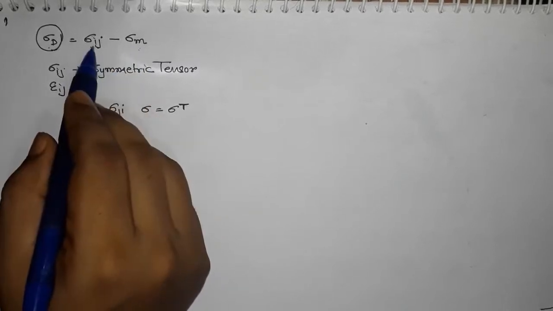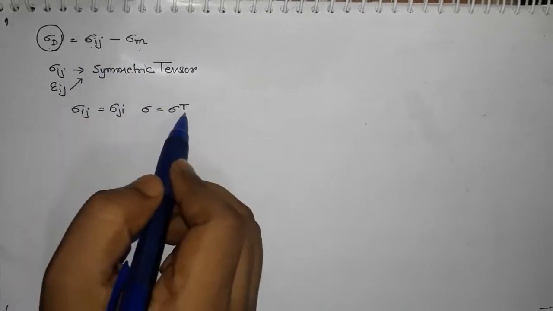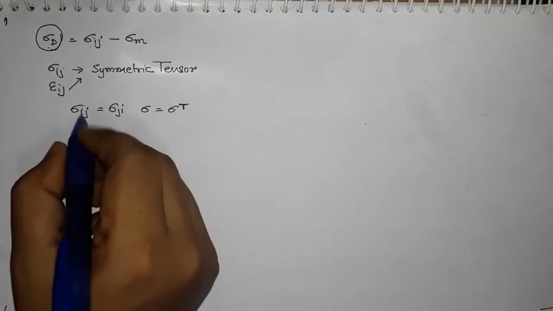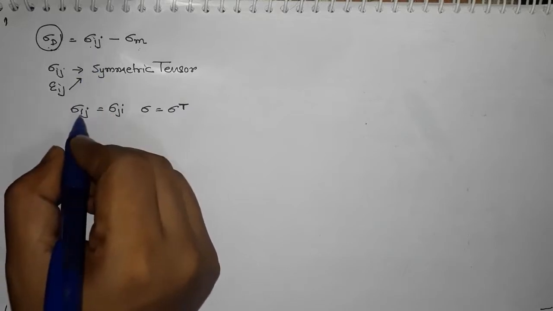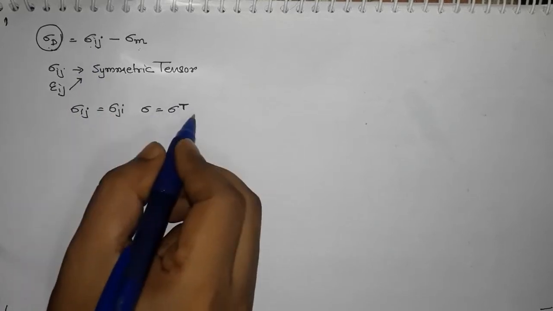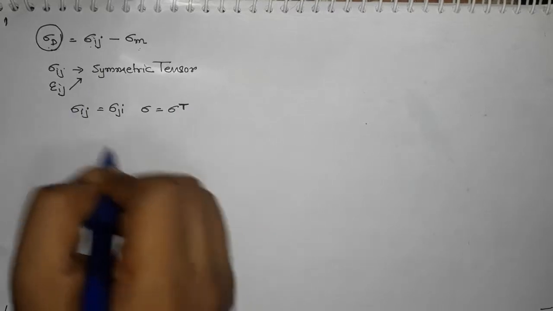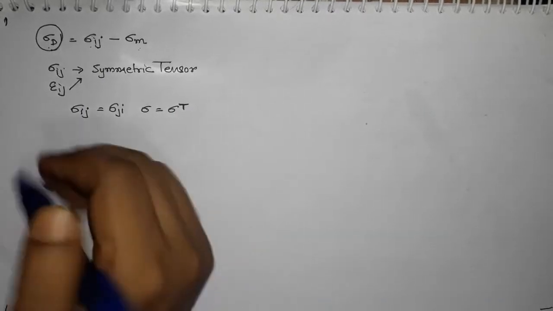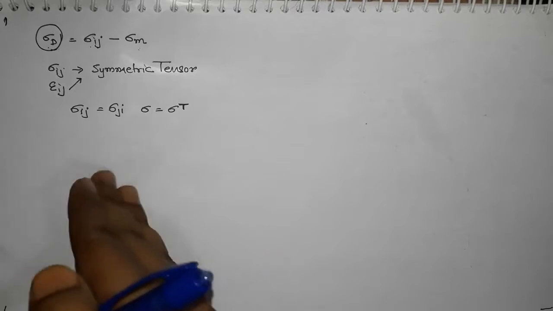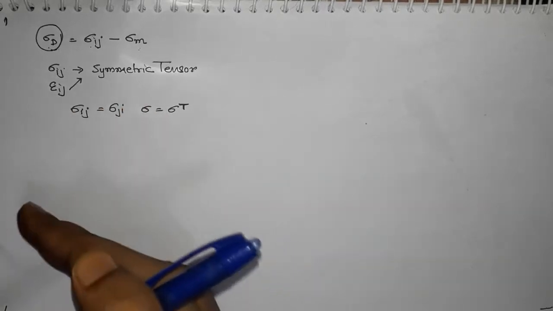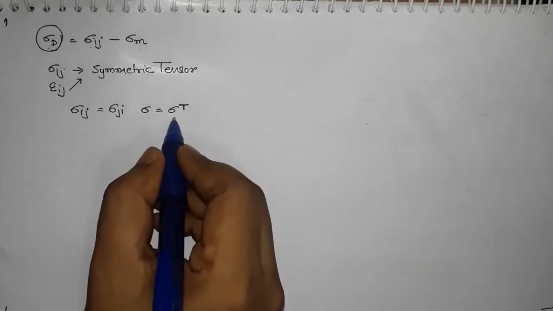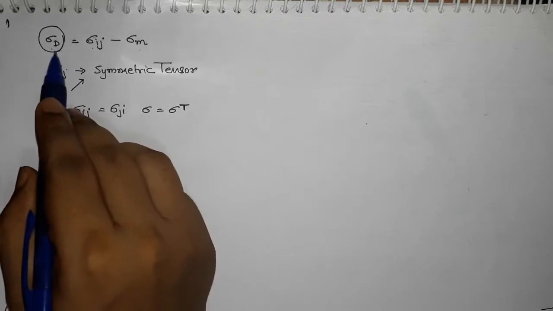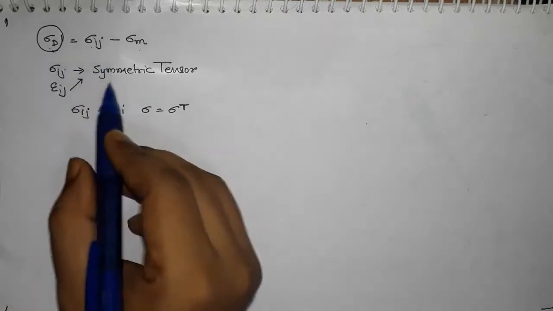We are not changing any value which is non-diagonal, right? So we are not changing any value when i is not equal to j. We are only changing when i is equal to j, and when you take a transpose of that, the diagonal elements do not change, they remain where they are, and the upper triangle elements go to the lower triangle, and lower triangle elements go to the upper triangle. That's what happens in a transpose, right? So therefore this tensor is also a symmetric tensor.